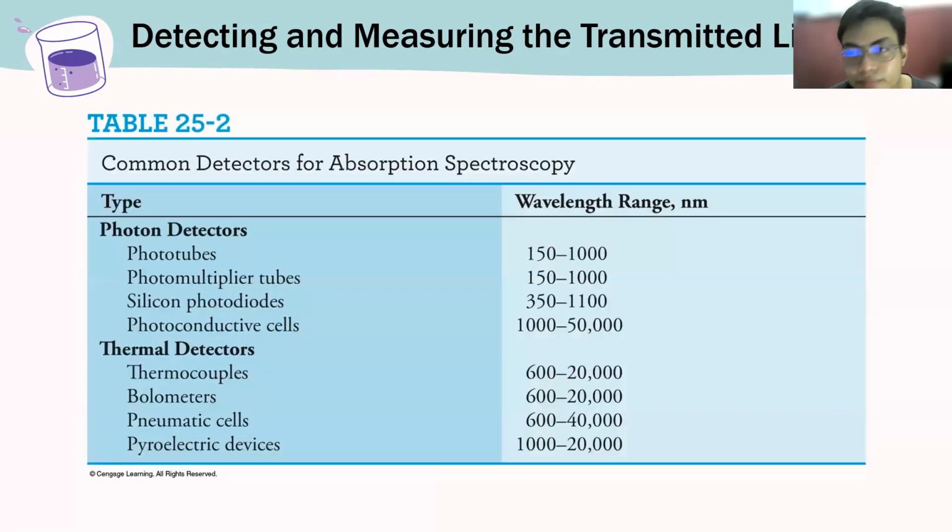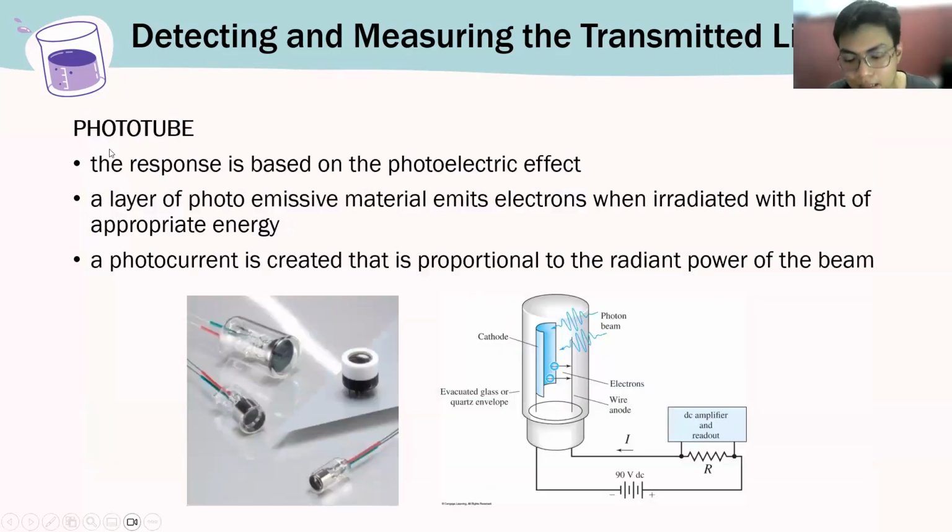Okay? So maraming detectors na ginagamit. Kung gumagamit ka ng UV-vis, ito yung ginagamit dyan. Usually ito, photomultiplier tubes. Pero kung ikaw ay gumagamit ng IR, ayan, thermocouples yung commonly ginagamit. Okay? So phototubes tayo.